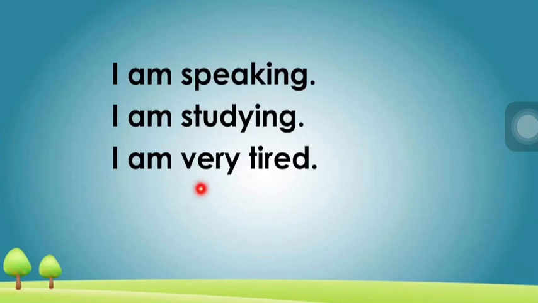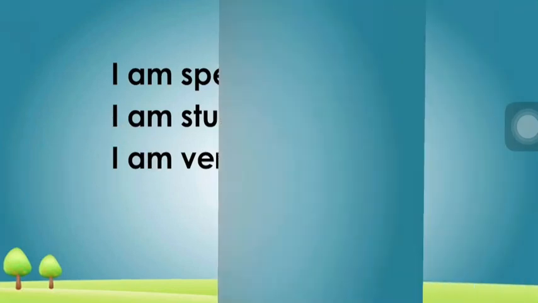I am very tired. Again, I is capital here. As you can see in all three sentences, this pronoun I is capital. Is it clear children? So we use I in singular form whenever we are talking about ourselves.